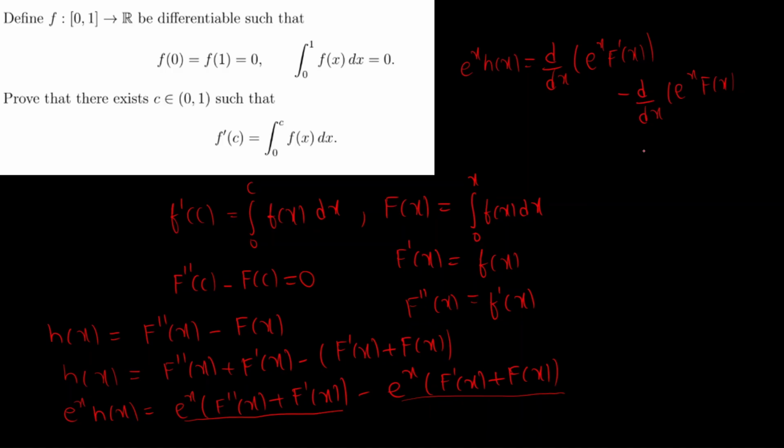Now again I will define integral of e power x h of x is equal to p of x. Now integrating on both sides, I will get that p of x is equal to e power x F dash of x minus e power x F of x.